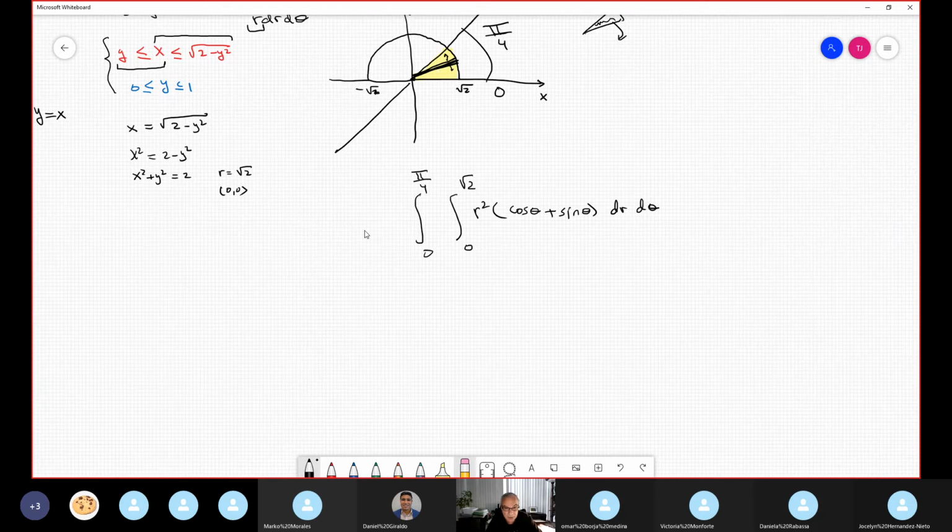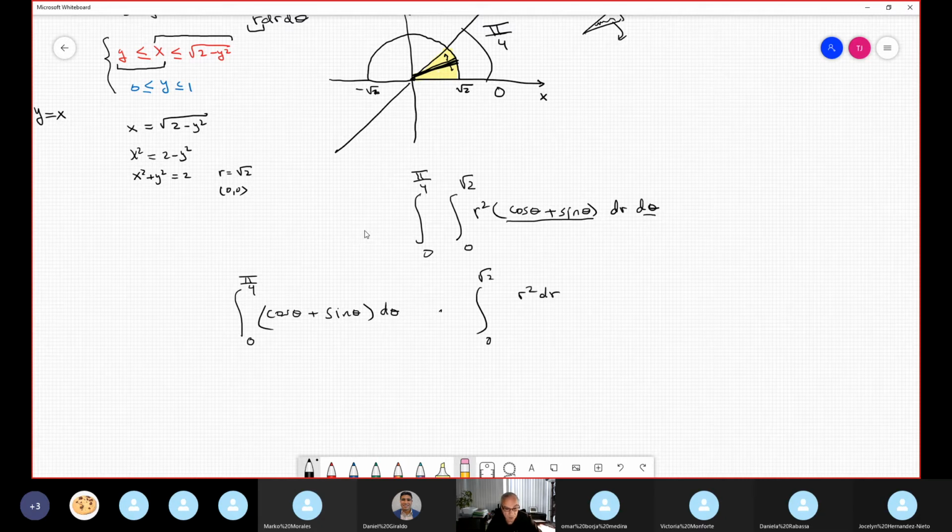In this case, the theta part is the complicated one, from 0 to pi over 4 of the cosine theta plus sine theta d theta. You take the integrand function, one piece, and the theta, and the limit. And another integral, of course, in between the mathematical operation is multiplication, from 0 to radical 2 of r squared dr.